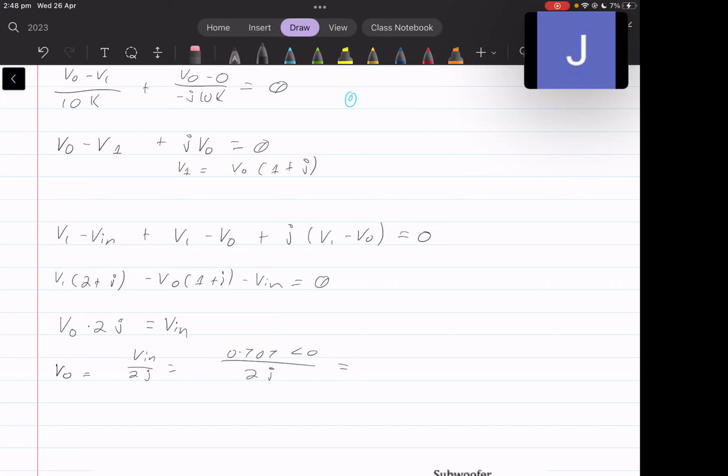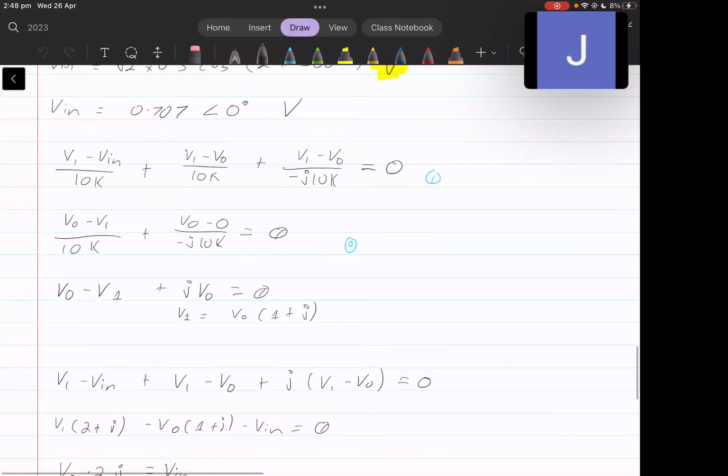So how would we work out what the final answer is as a phasor now? Just a question, how do you get the second nodal equation?